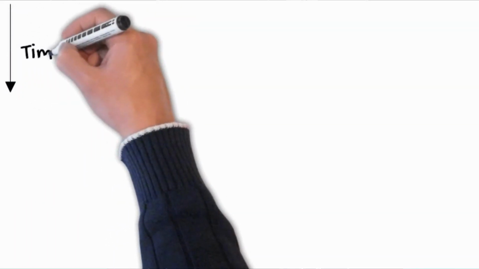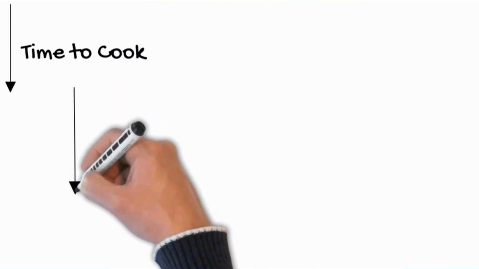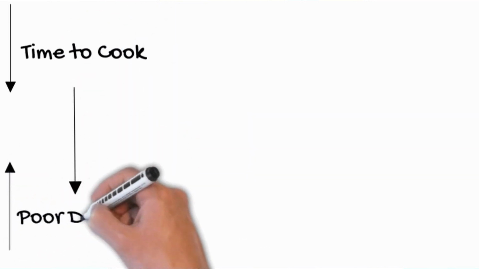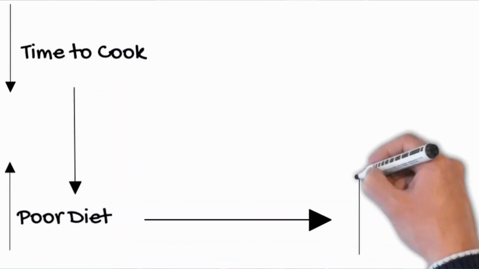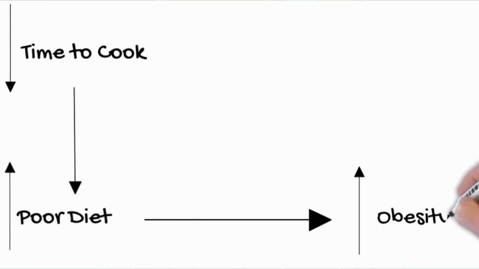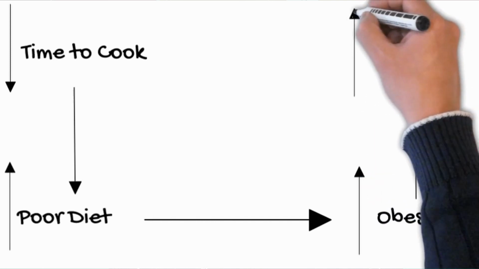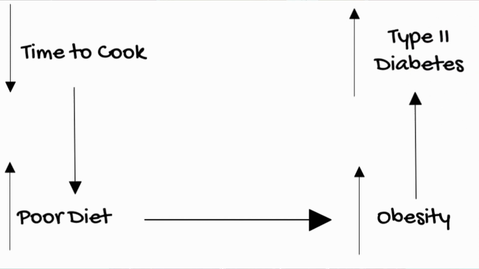Or it might be that people don't have time to cook better meals and thus become more reliant on poor food choices like fast food or processed food or pre-prepared foods, foods that aren't made from scratch. These same people might not be knowledgeable about making better food choices. Additionally, they might be sedentary in their lifestyle, causing them to have a higher rate of obesity.